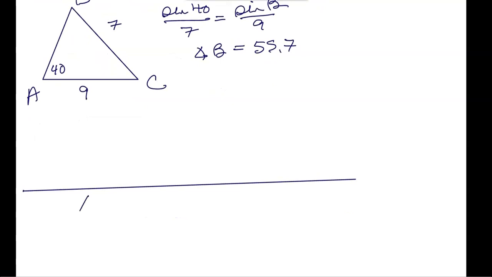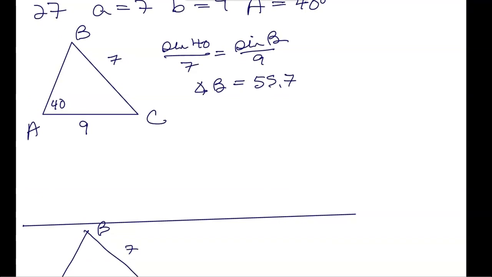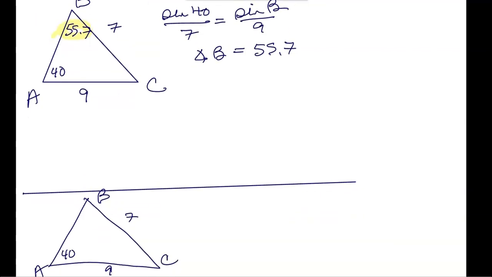So here's my second triangle. Use the same demarcation, 40, 7, 9. And the first one we found that this was 55.7. That was a missing angle we found. When we found the supplement, it was 124.3.